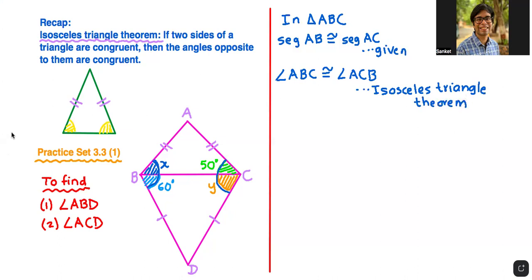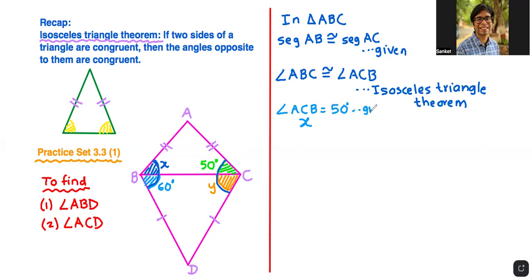Now I know that angle ABC, this angle, is angle X, and angle ACB is 50 degrees. That is given to me. So angle ACB is equal to 50 degrees.